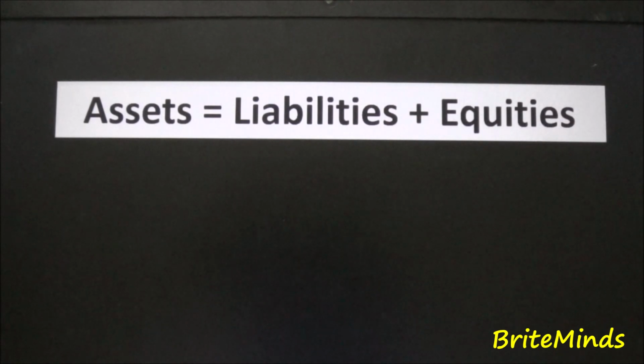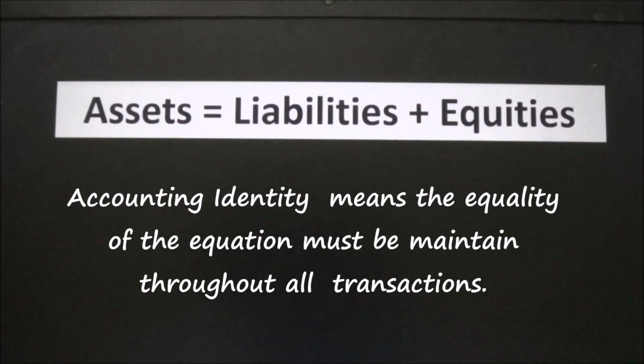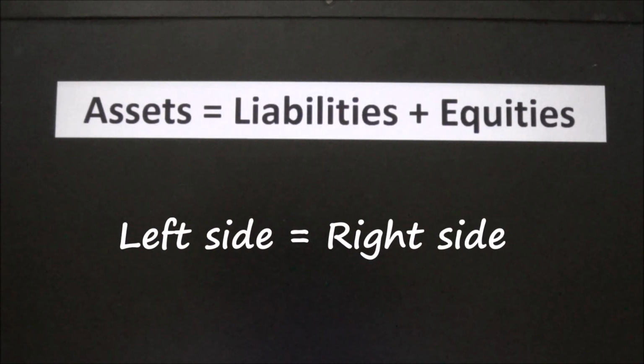When using the accounting equation, one must remember the accounting identity, which means that the equality must be maintained throughout all transactions. It means that the left side of the equation must be equal to the right side of the equation.